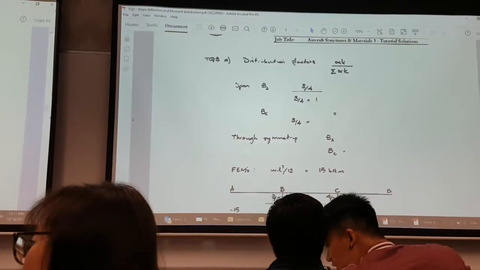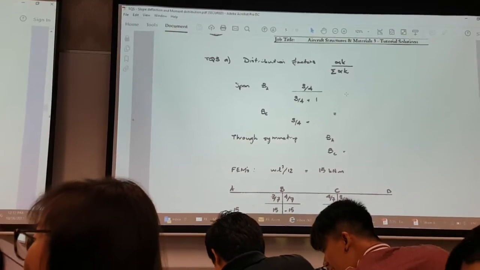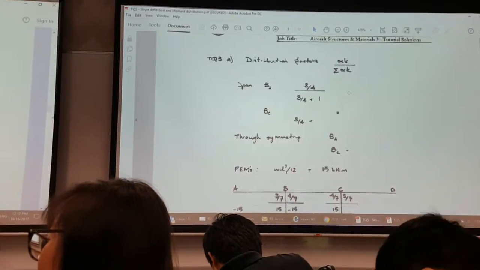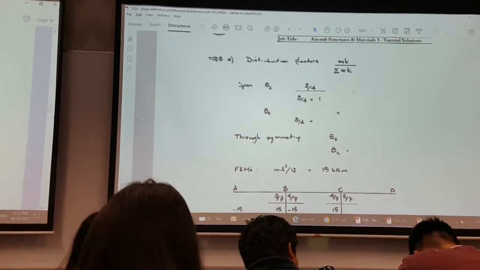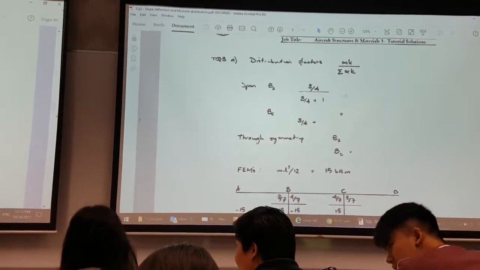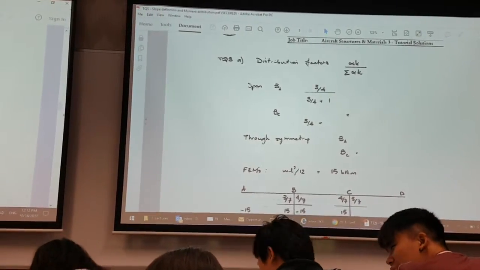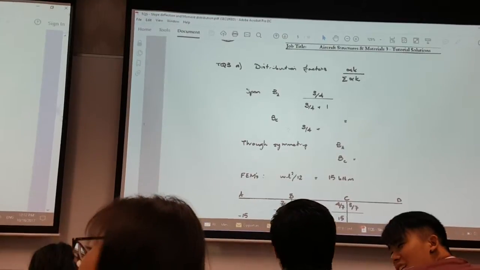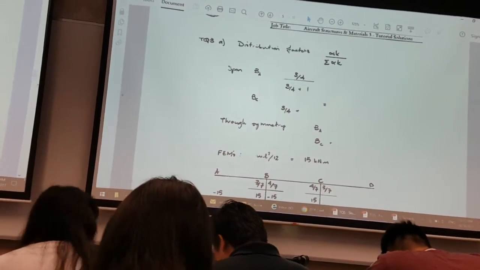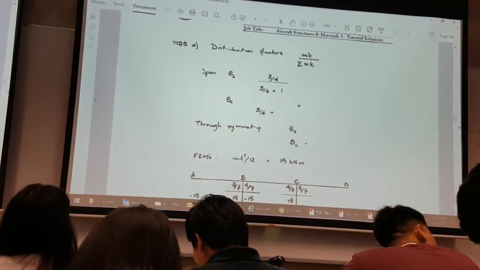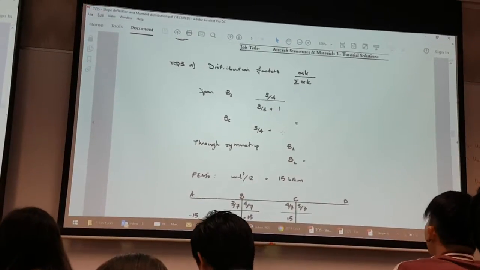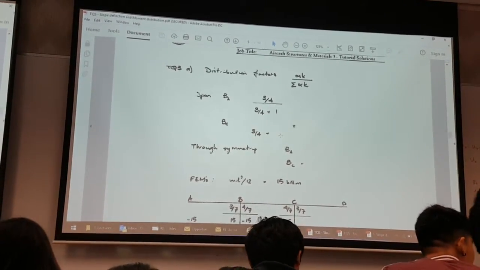What does it give you? This will give you 3/7. And for BC, it has to equal 1 over 3/4 plus 1.